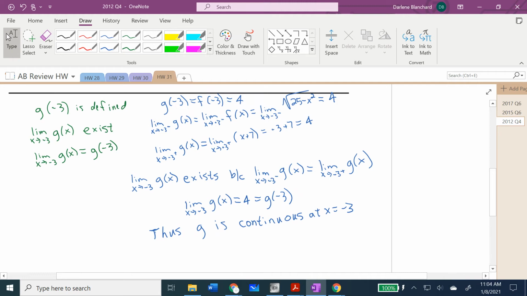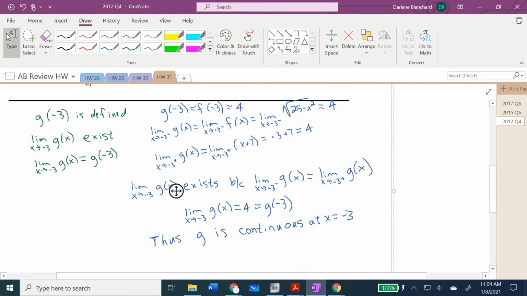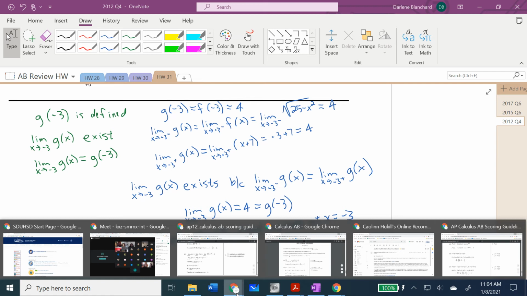Now, I wrote a lot of stuff out, and I want to also show you what the AP test says, but keep in mind that they do get to decide how much is enough for you to write. This would be a better way to write it, and I'm finding which one of these is it.